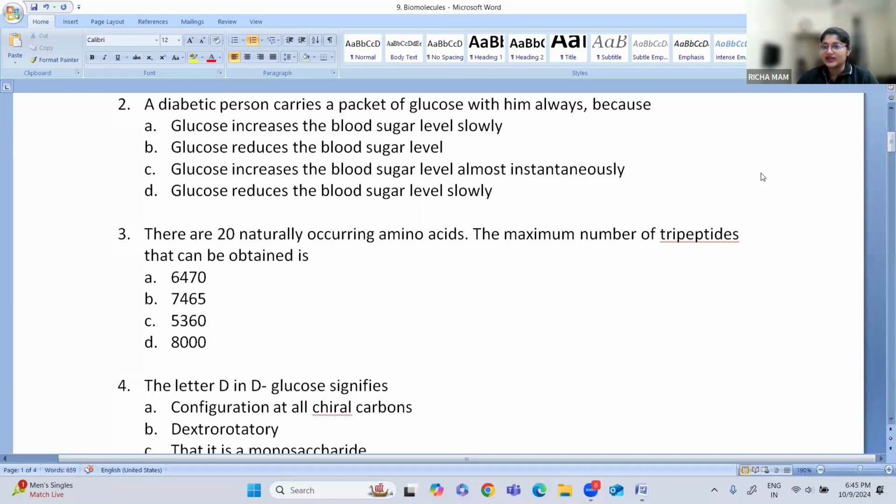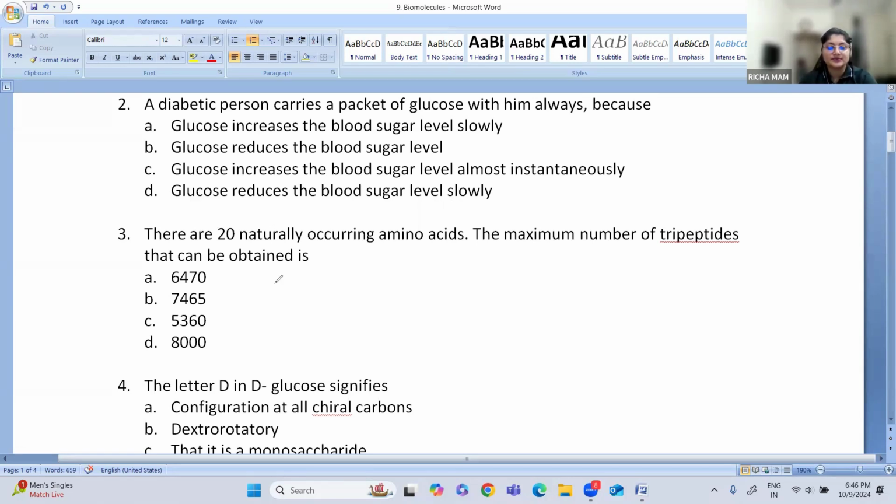There are 20 naturally occurring amino acids. The maximum number of tripeptides that can be obtained is how much?